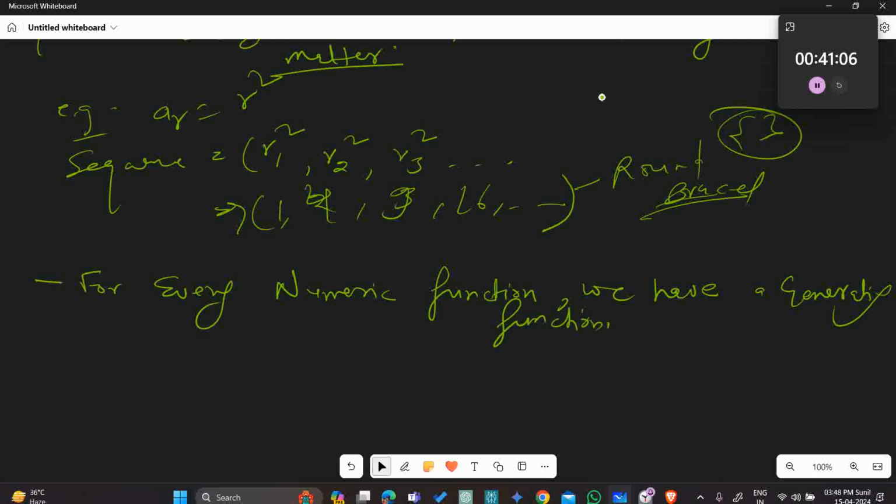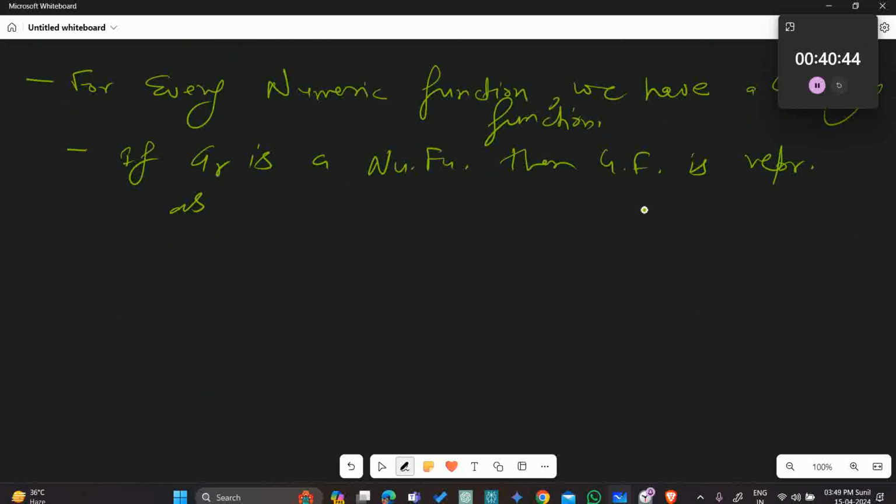So if a of r is a numerical function, then the generating function is represented as a of x is equal to sigma r is equal to 0 to infinity a of r x to the power r.